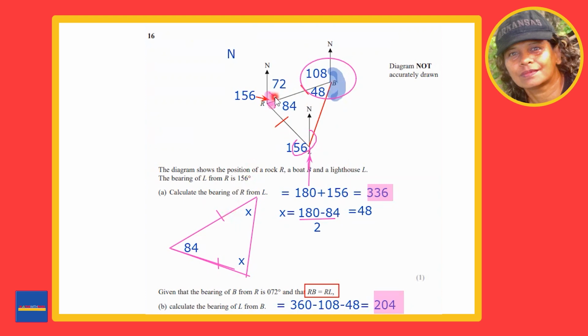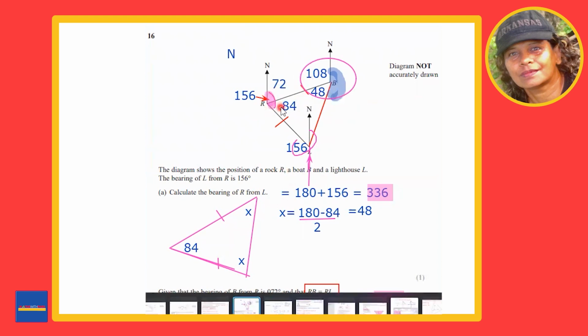Okay, so now here we go. Here we have certain distances that they have given us. We know that this whole angle is 156.